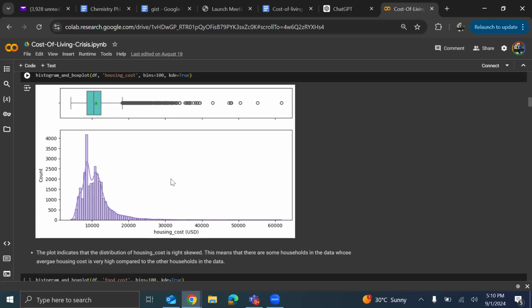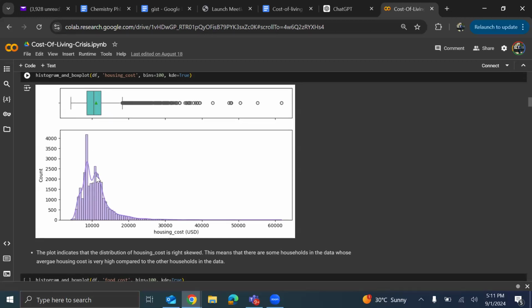When they say something is left skew or right skew, from the histogram you can see the distribution. You can see that this is the mode. This tallest bar tells you that many households have a house around this level.